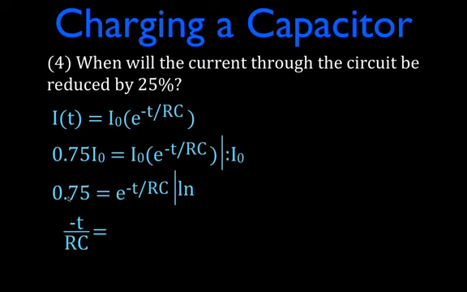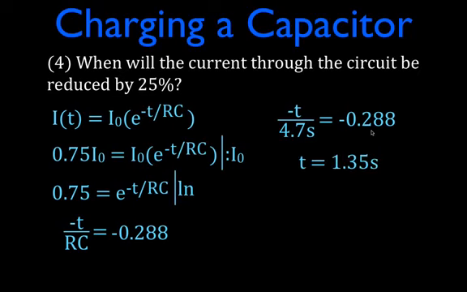The natural log of 0.75 is minus 0.288. And I'm just going to substitute 4.7 in because 4.7 is the time constant as we calculated in the previous slides. And then I'm going to cross multiply, and then I'll multiply by -1, and I get that the time is 1.35 seconds.